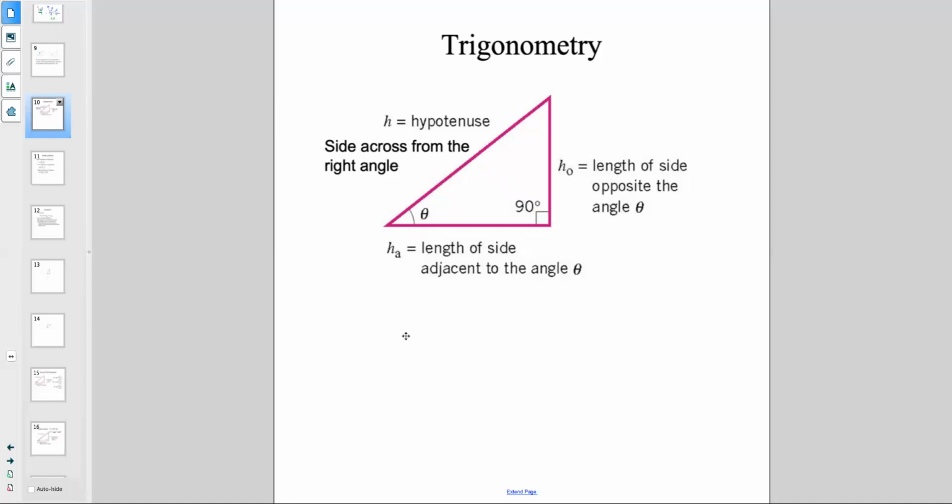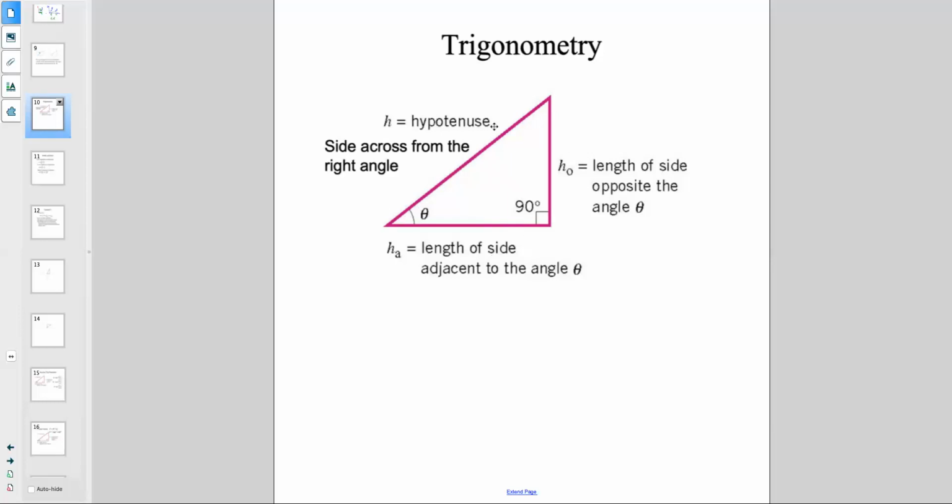So remember, the most important thing is to identify the hypotenuse right there, the side that is across in front of the 90 degree right angle. And then you have one which is opposite, HO, and one that is very close, adjacent to the angle. All right, so identify this.